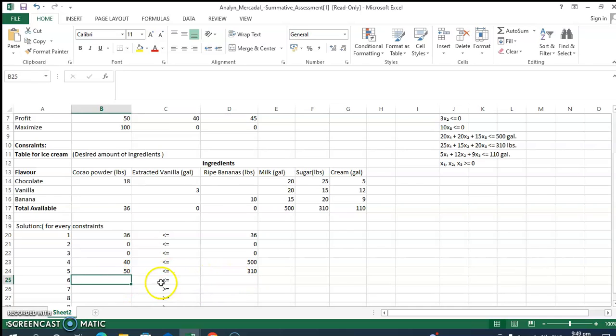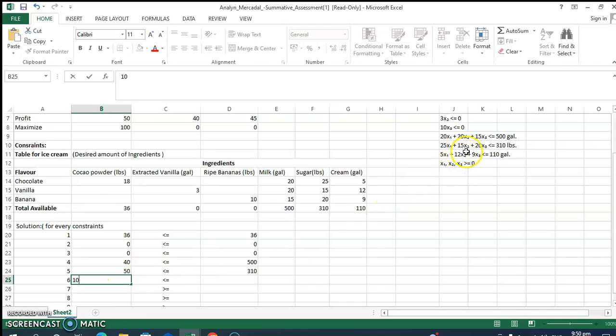So next is for cream. The process is the same. For chocolate, there are gallons of cream needed. So 5 times x sub 1, where the value of x sub 1 is 2. So 5 times 2 is equal to 10.